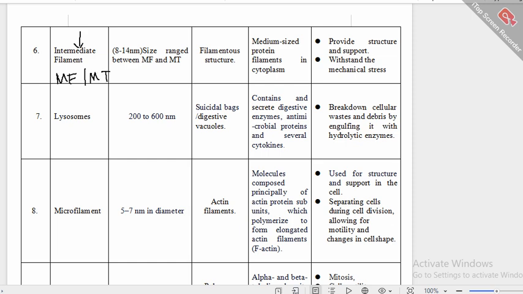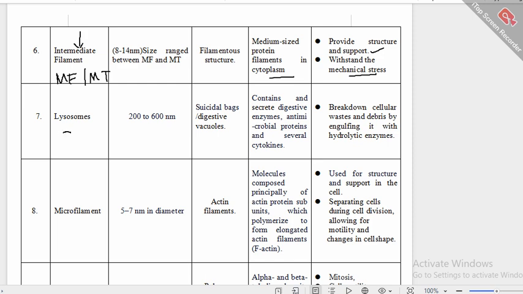Intermediate filaments range between microfilament and microtubules, that is 8 to 14 nanometer. These are filamentous structures, medium-sized protein filaments, present in the cytoplasm. They provide structure and support, and they can withstand mechanical stress during wear and tear of the organism or cell.